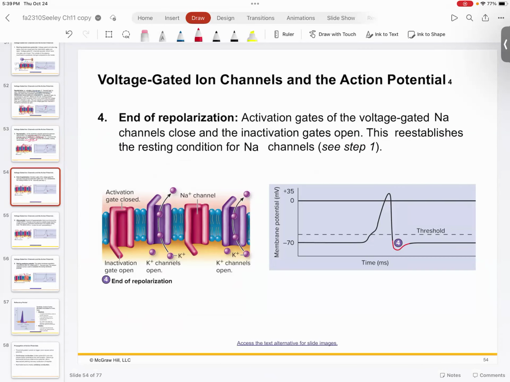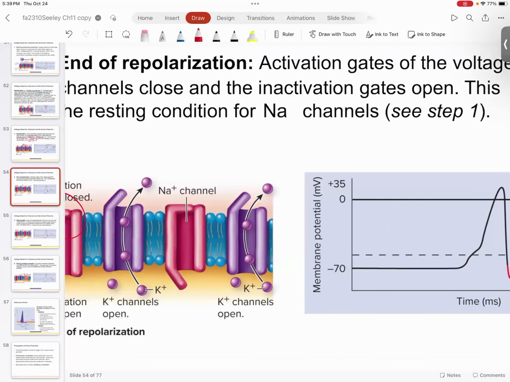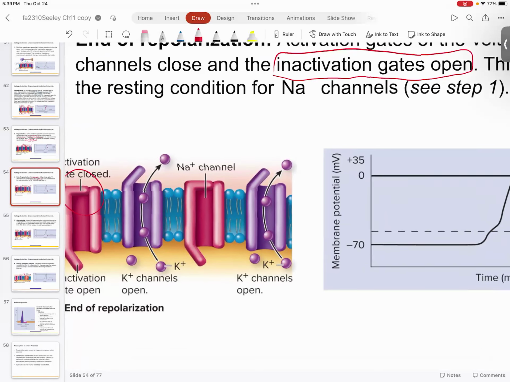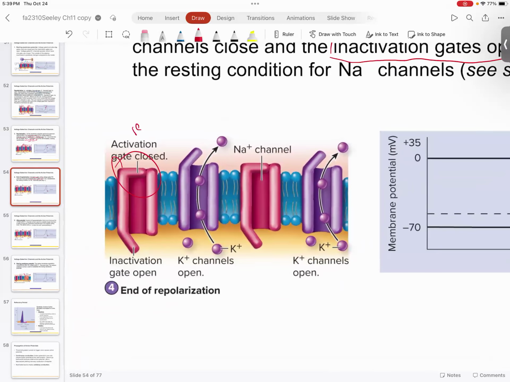Now, at the end of repolarization, in this hyperpolarization phase, the activation gates of sodium will close. That's these outer gates will close, and the inactivation gates will open. So they kind of reset themselves back to their original form.